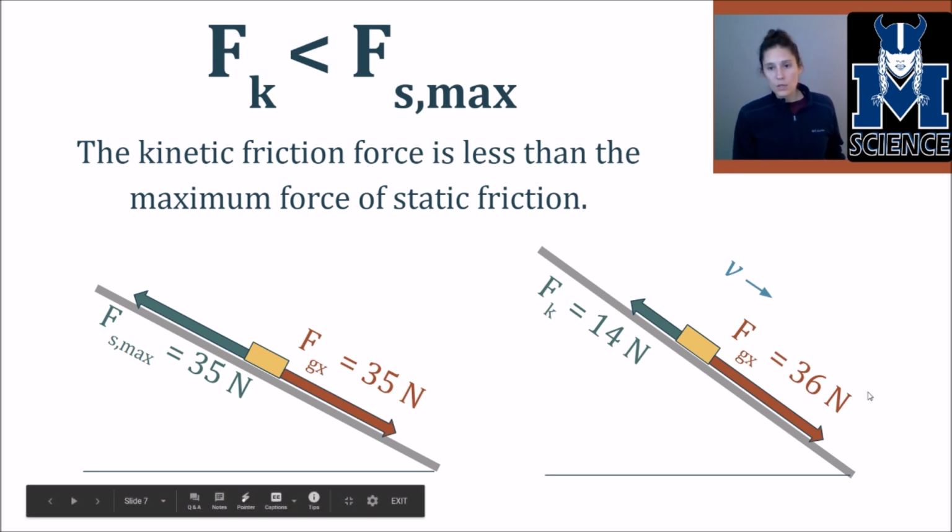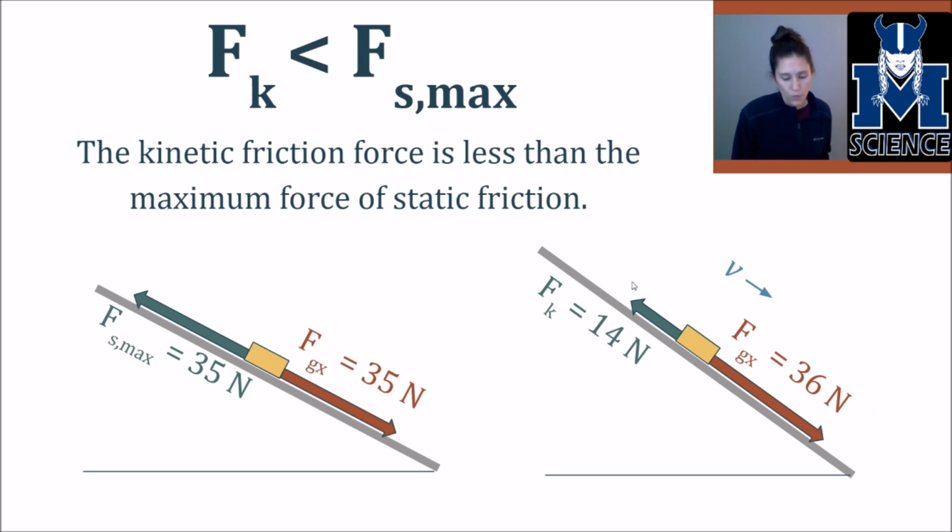As soon as this banana starts moving, it's going to continue down the incline because the kinetic friction force is only, let's say, 14 newtons, okay? And it still has that force of gravity acting down. As soon as I tilt it past the angle that gives 35 newtons of force down the incline, as soon as it gets to 36, it's going to start sliding because its maximum static friction force was 35.